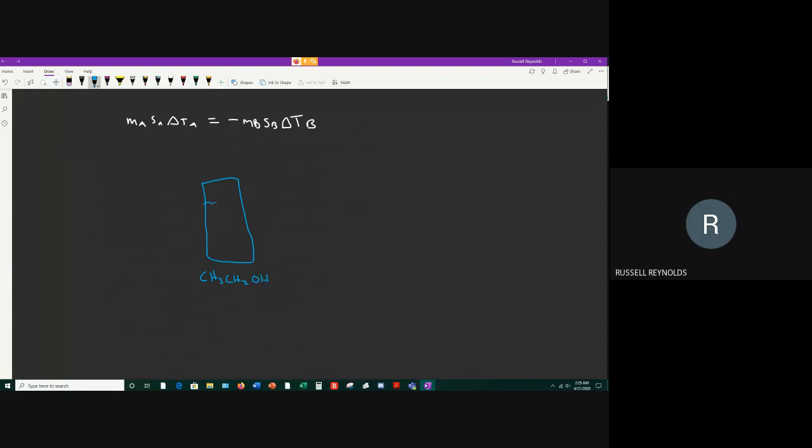So we just have a beaker here of ethanol, and let's say it's 50 grams worth of ethanol in this beaker. So we have 50 grams of ethanol, and it is at 25 degrees C. Right? So we'll call this system A. So system A is 50 grams of ethanol at 25 degrees Celsius.